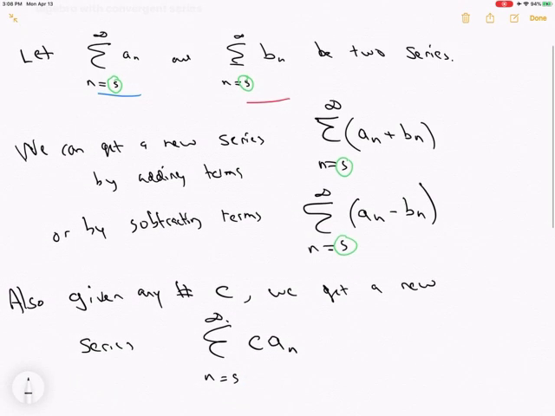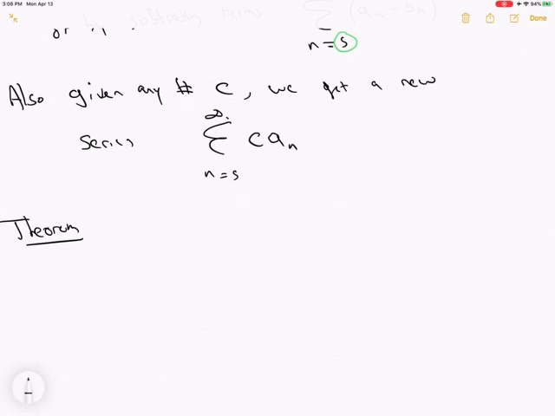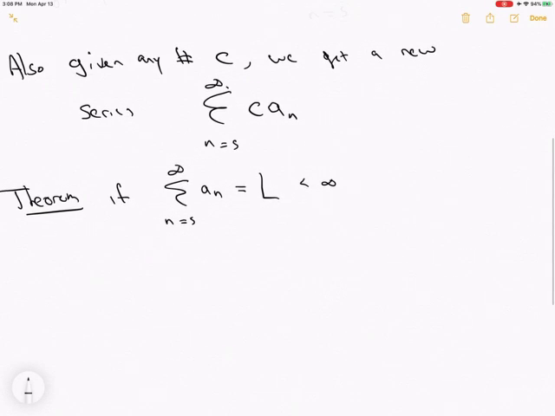Anyways, the important thing for today is we have this nice theorem, which is about if the series are convergent. So if your A series is convergent, so let's say we can actually add it up and it's equal to L less than infinity. When I write this, I just mean that it converges.